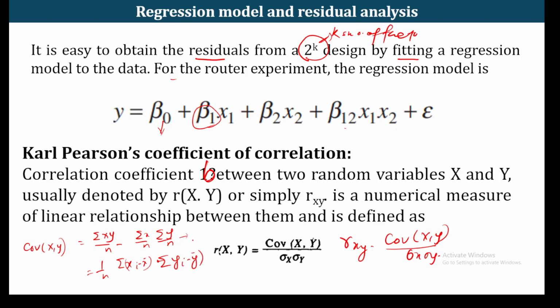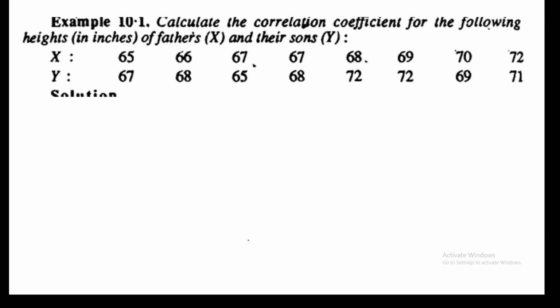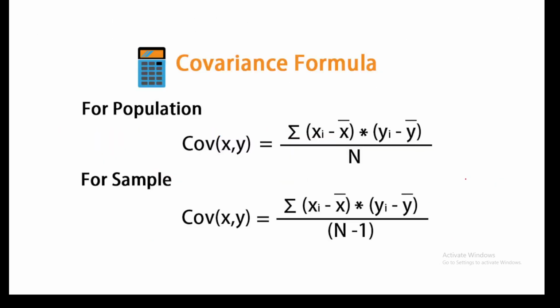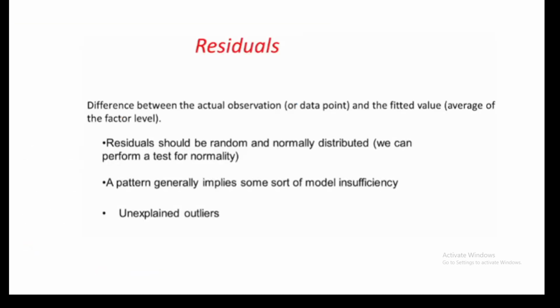That is for the sample, that's for the population formula. I'll show you the formula here. So covariance of x and y for the population, it will be n, and for sample it will be n minus 1.